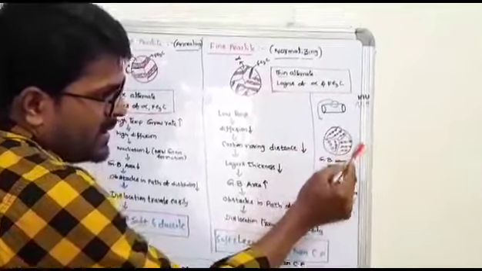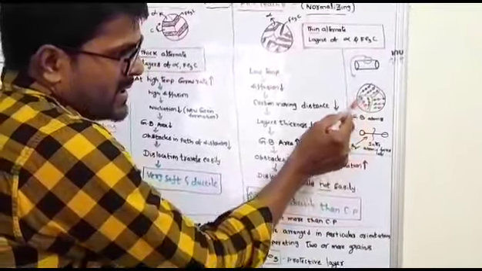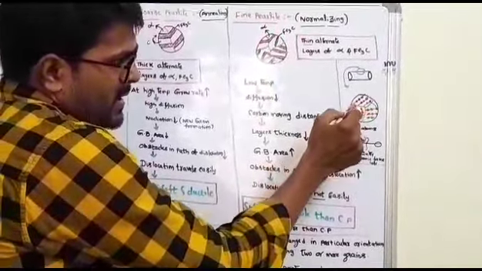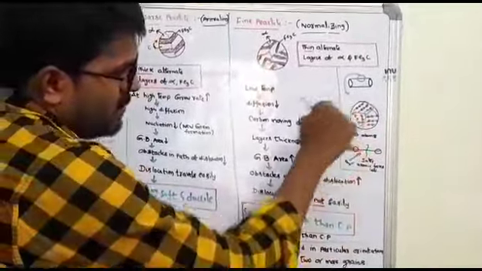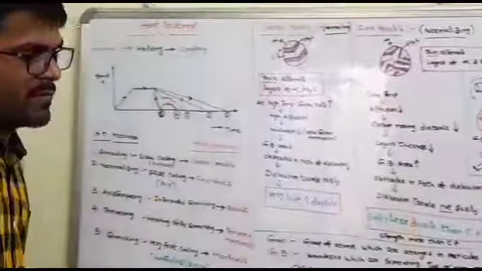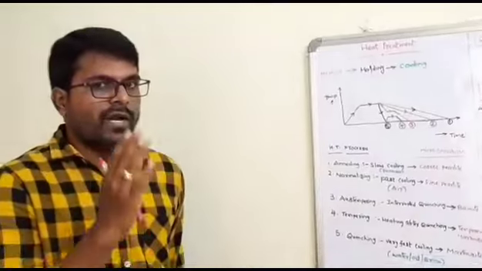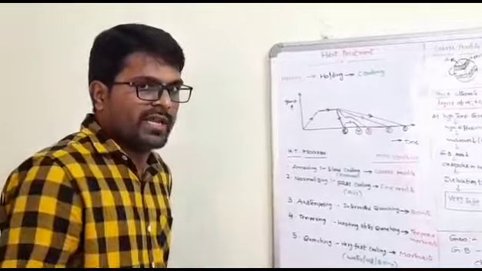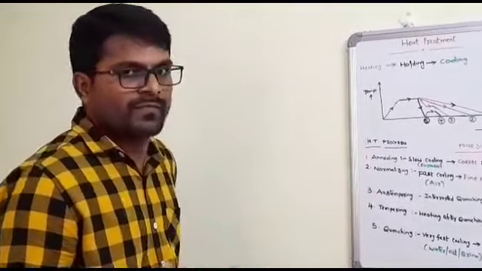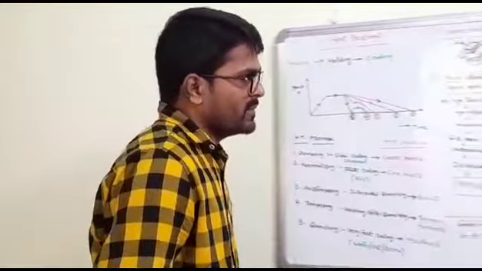This is one grain, this is another grain, this is another grain, and also there are boundaries. That is called grain boundaries. So from a microscopic point of view, we have to check the properties. Material science mainly deals with this microscopic point of view.